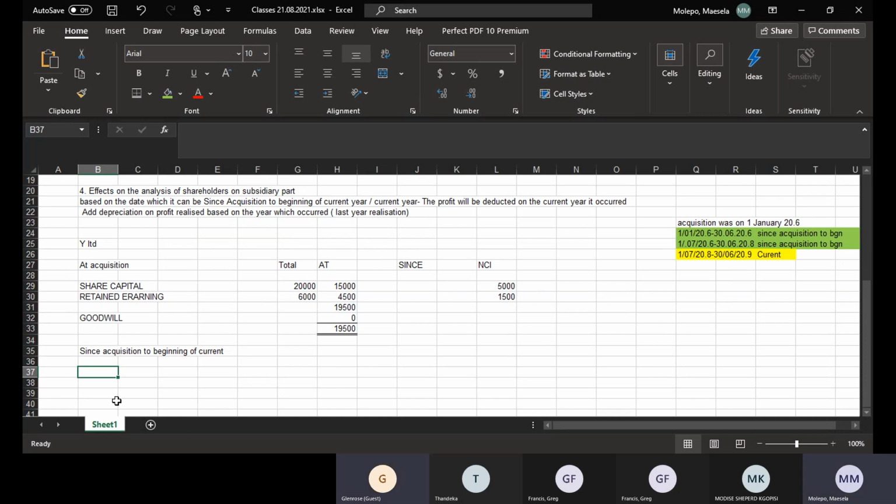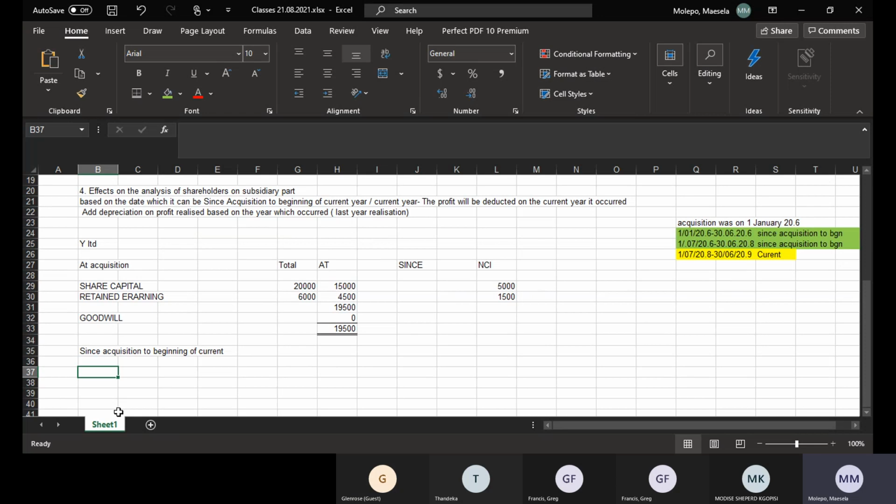So first, let's tackle the retained earnings part. We're going to have a balance on the retained earnings, the normal one we used to calculate. So we deduct the retained earnings at acquisition from our balance at the beginning.